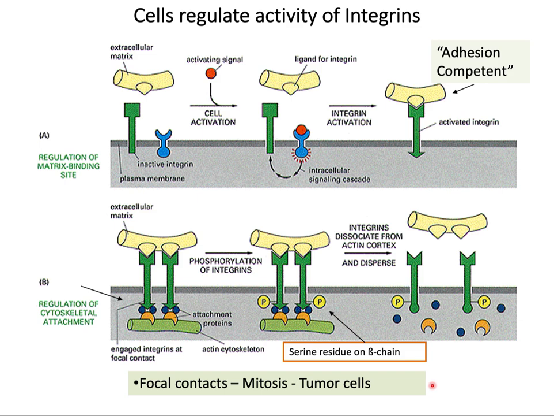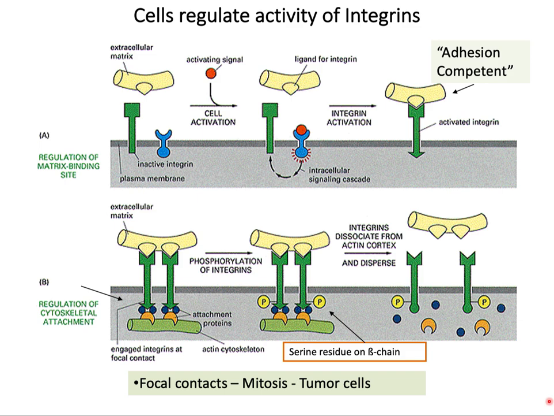Now, regulating the activity of integrins is also important during mitosis. You can imagine that when a cell is dividing and the two daughter cells are pulling apart, you don't want these daughter cells to be connected too tightly to the neighboring cells, or they won't be able to come apart. And so during mitosis, cells often downregulate the activity of the integrins to facilitate the cytokinesis of the two daughter cells.